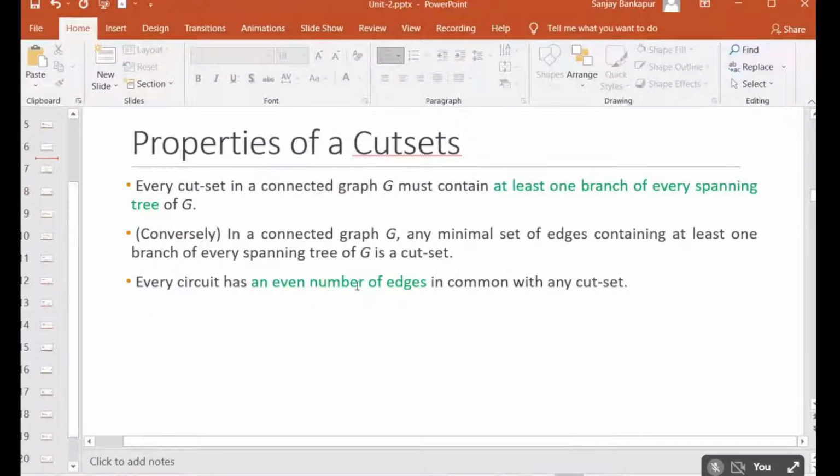So we saw three properties with respect to a spanning tree. I mean, two are with respect to a spanning tree. It says there will be at least a branch in any cut set for a given spanning tree. And the third one was every circuit has an even number of edges in common with any cut set.